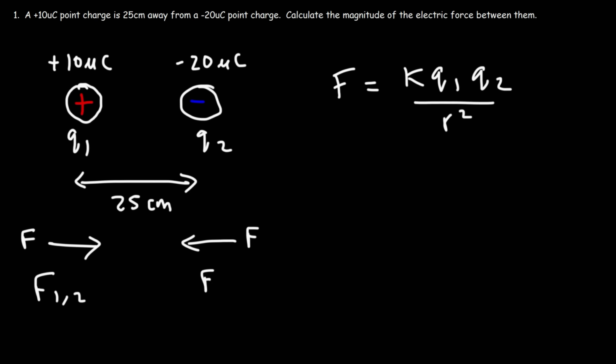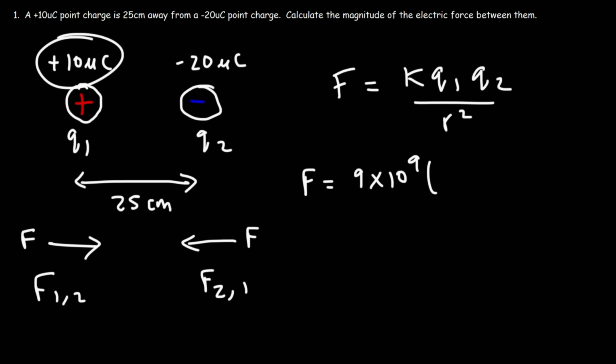The force that is acting on charge 2 due to charge 1, you can call it F2,1. But for this problem, they're exactly the same. Now, the proportionality constant K is 9 times 10 to the 9. Q1 is 10 microcoulombs. So to plug this in, replace microcoulombs with 10 to the negative 6 coulombs.